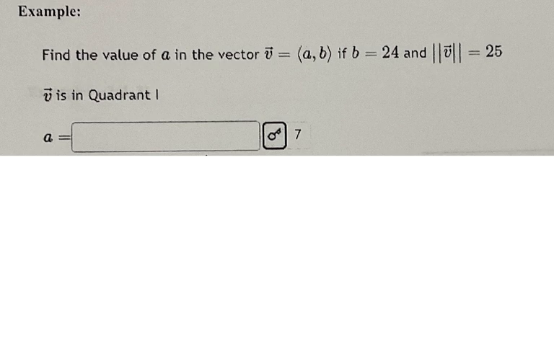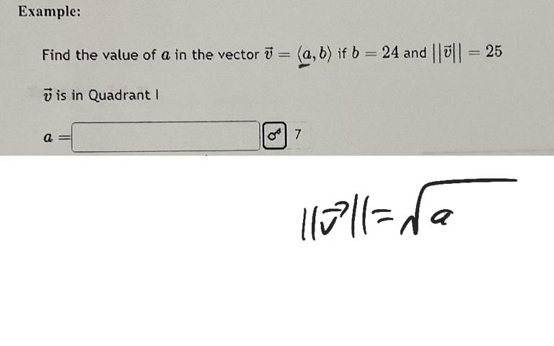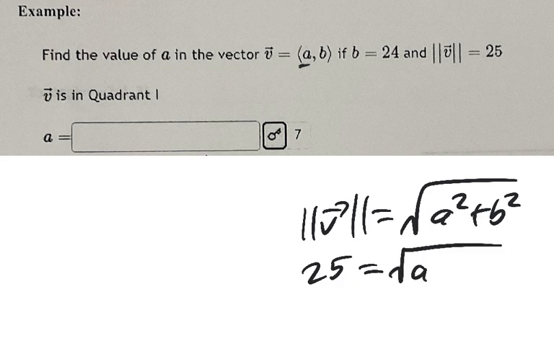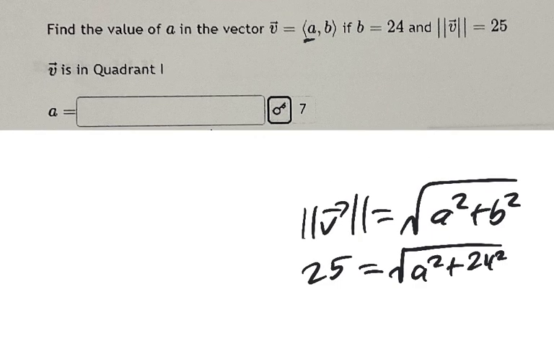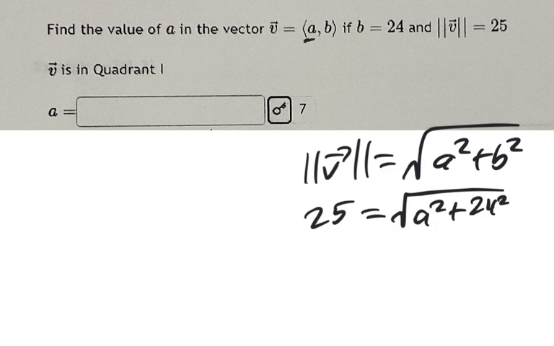So how could I find A? Well, I know that the magnitude equals the square root of A squared plus B squared. 25 equals the square root of A squared plus 24 squared. Is everybody okay with what I'm doing here? Pythagorean theorem. We haven't really done one like this where we're missing a leg, so I thought I better work this out. How could I get A by itself?